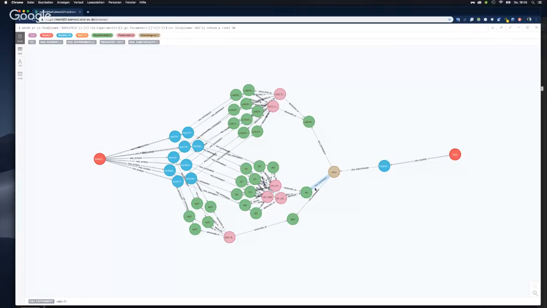So the metadatabase is meant to be like yellow pages: you can ask where the data is and who's responsible for it, and what kind of consent we have for specific clinical studies. So can I use the data? Can I use it for another purpose?